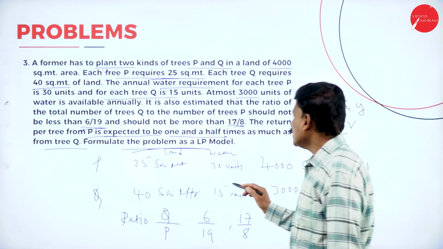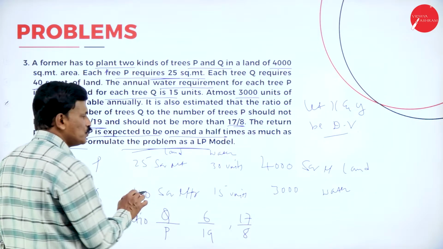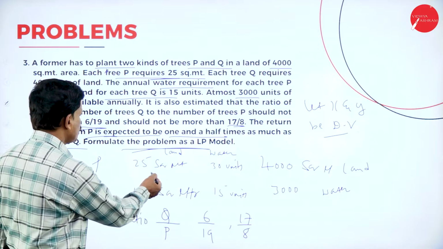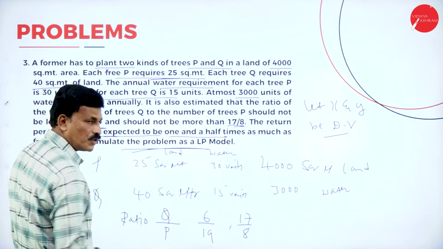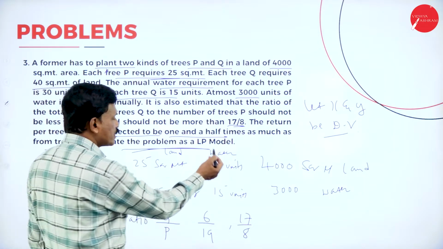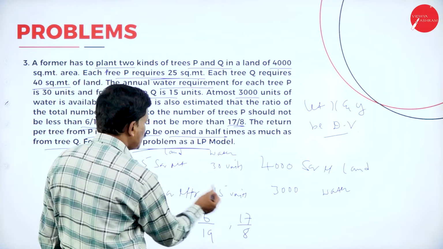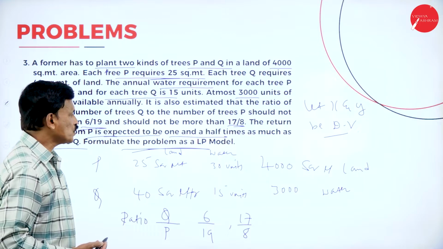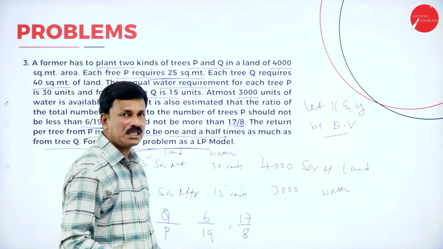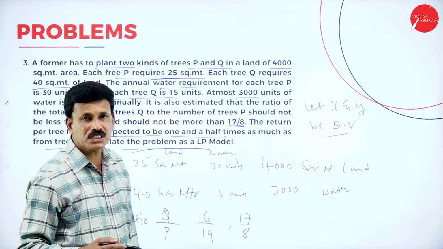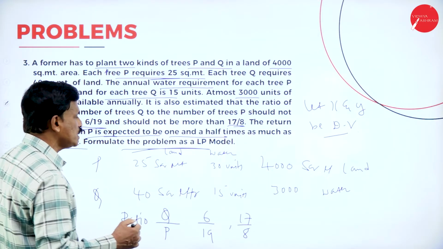Now, let us consider the land used first: 25 square meters for P and 40 square meters for Q. Water resources are 30 units for P and 15 units for Q. The maximum land available is 4000 square meters and the water available is 3000 units.